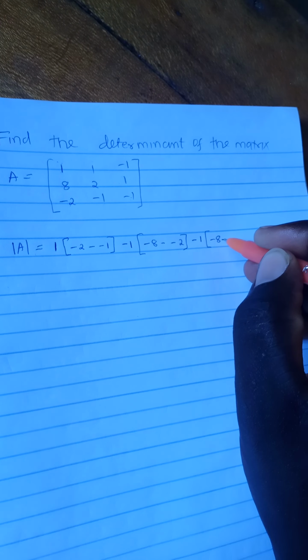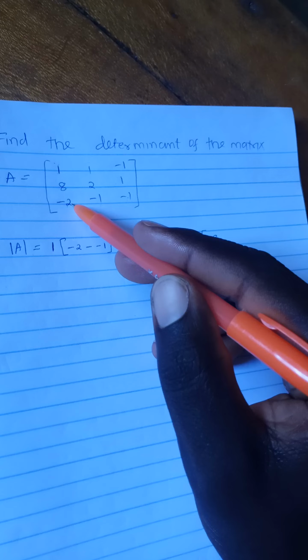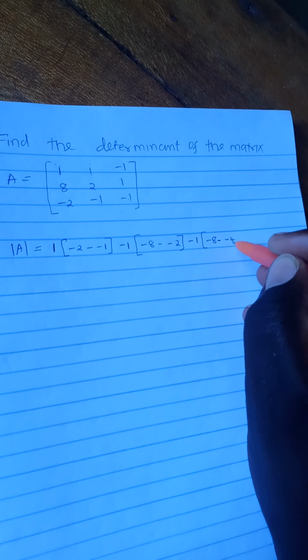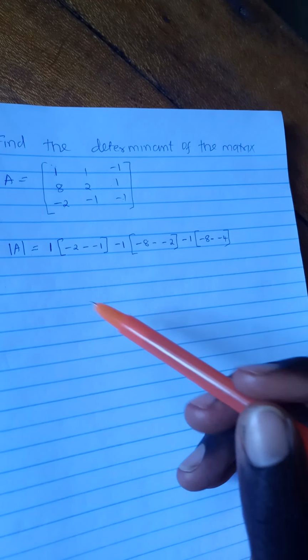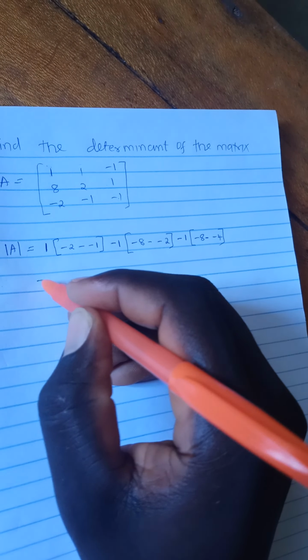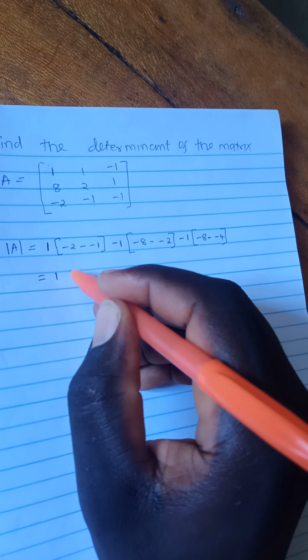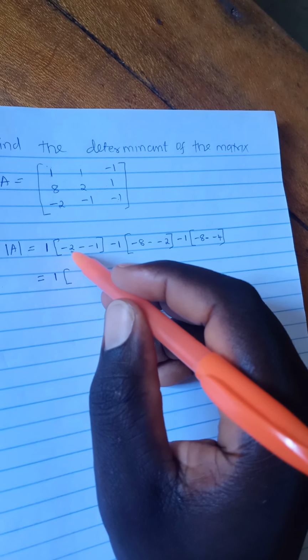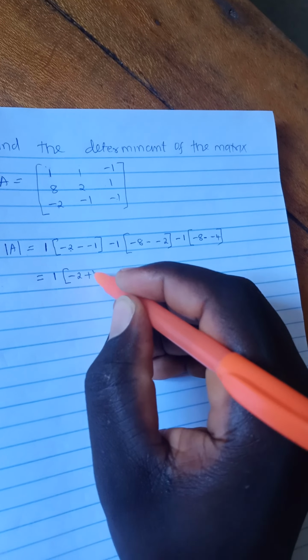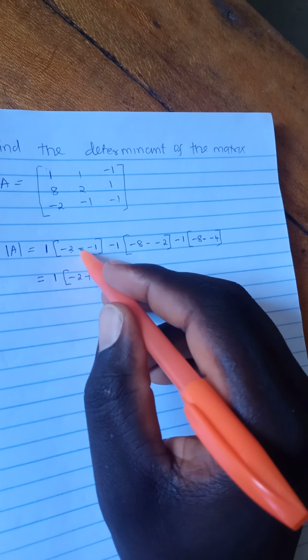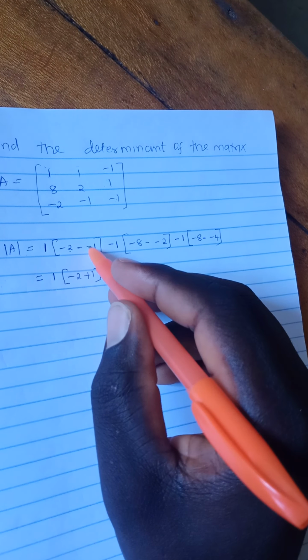So we have minus here. 2 times negative 2 will be negative 4. Now I close the bracket in that manner. So we have 1 into negative 2 plus 1. So negative 2 plus 1, because a negative times a negative becomes a positive.